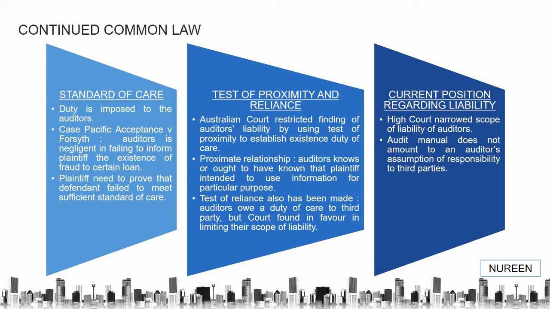In the case of Columbia Coffee and Tea versus Churchill, the plaintiff unreasonably relied on the audited information, and the court stated that they should have made further inquiries. Therefore, the auditors did not owe a duty of care to the plaintiff.